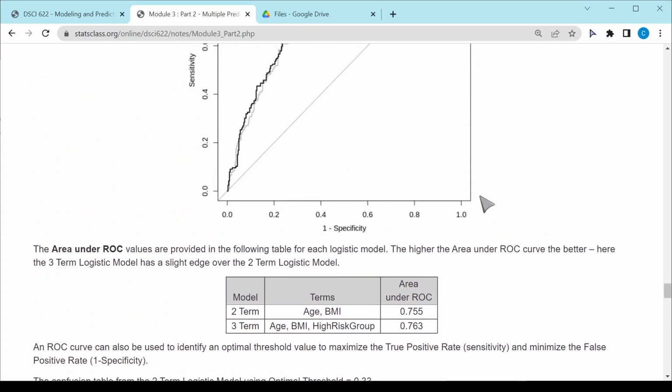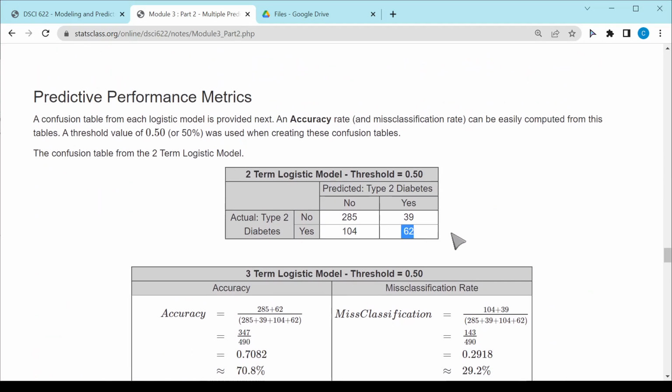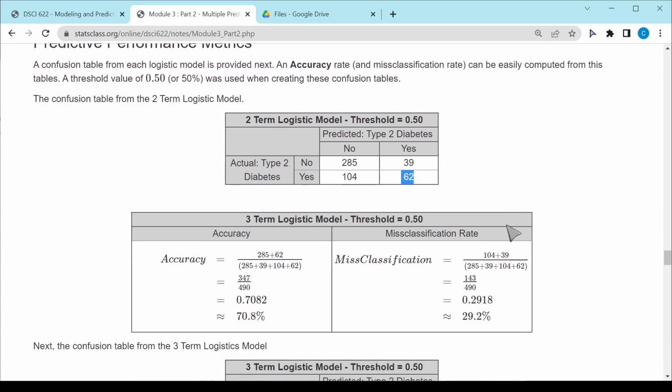When I use the default threshold, that value was only 62. So again, this is those that actually have diabetes. How many did I predict to have diabetes?